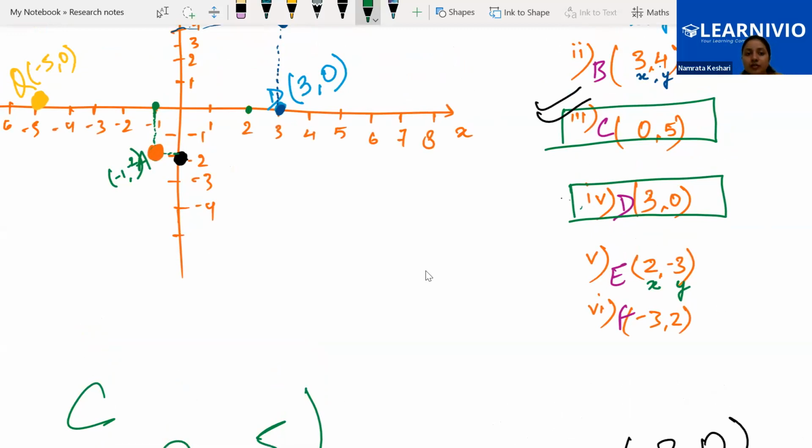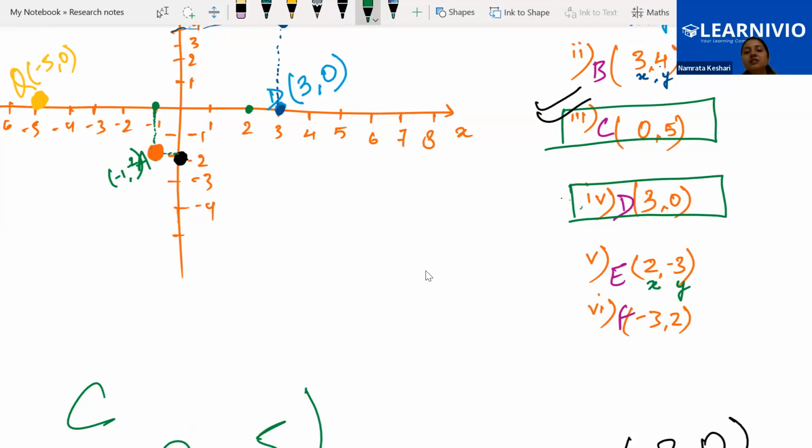This is the point, the green one. Can you see the cursor? X is +2. Y is -3. So here we will make a dotted line and we will go till where y is -3.